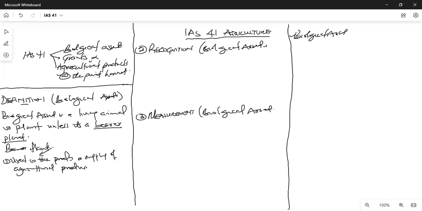So you realize that there are some plants that are there. They themselves are not the product, but they themselves exist so that we'll be getting some product out of them.